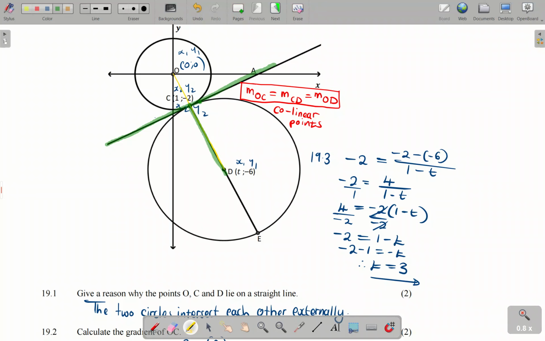They form a 90-degree angle. What do you know about two lines that are perpendicular? You know that the product of their gradients is -1. So if you know the gradient of the first line, you can find the gradient of the second line.